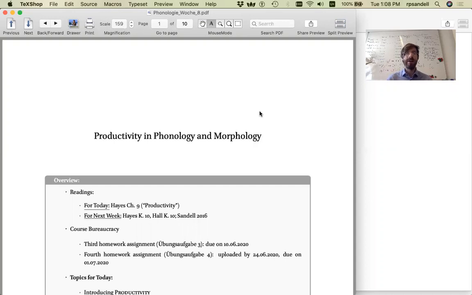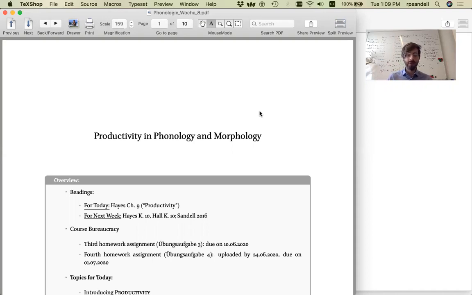In the second half of this course, we will move to some more specialized topics and problems that also look beyond the level of the segment. Thus far, we've mostly talked about phonological processes that affect individual sounds that we can represent with symbols that correspond to some place and manner of articulation in the International Phonetic Alphabet.